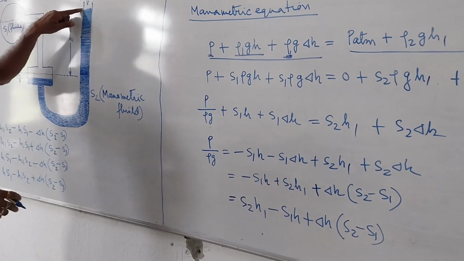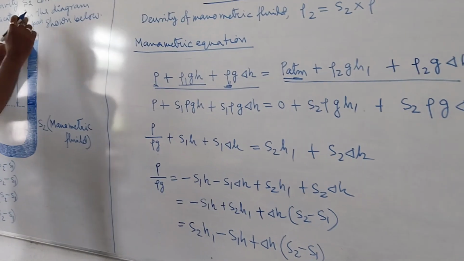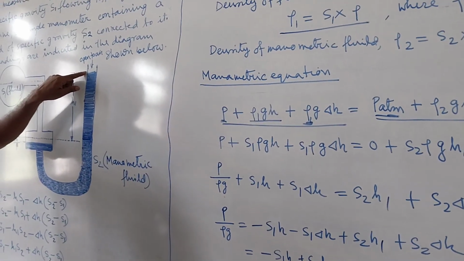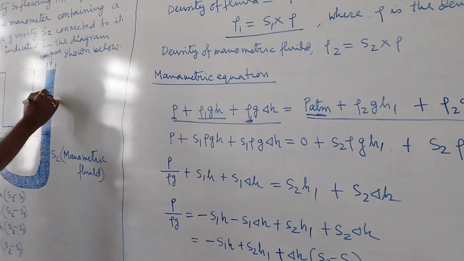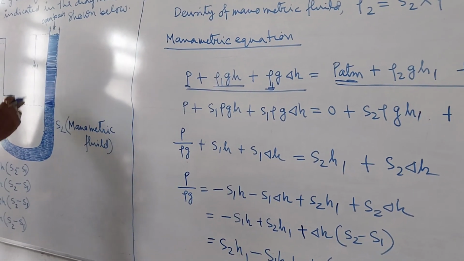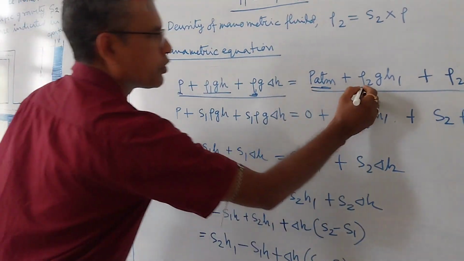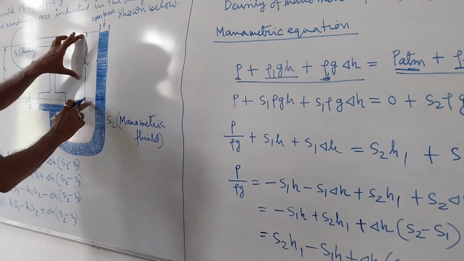Again, if you start from the top, P atmospheric is the atmospheric pressure, since it is open to the atmosphere, plus ρ2, the density of the manometric fluid, into g into h1. So this is ρ2 g h1, the pressure for this column of liquid.